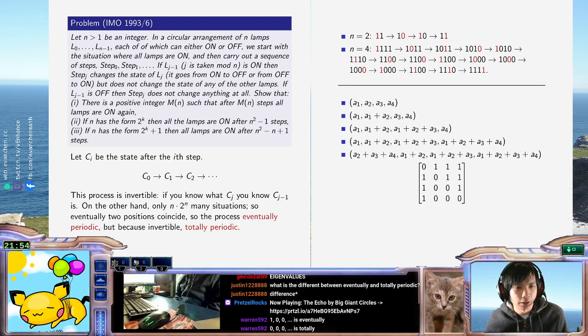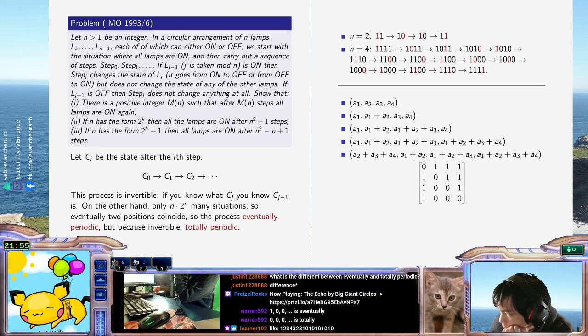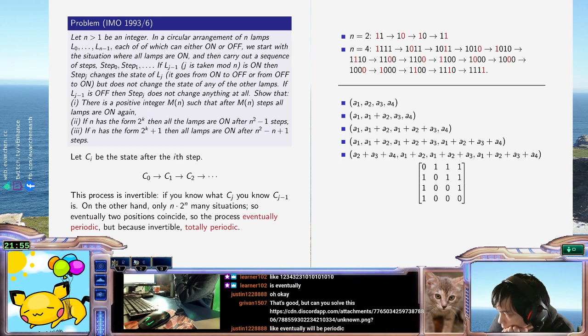Yeah, eventually periodic means that you can ignore some finitely many initial terms. This is a full cycle.